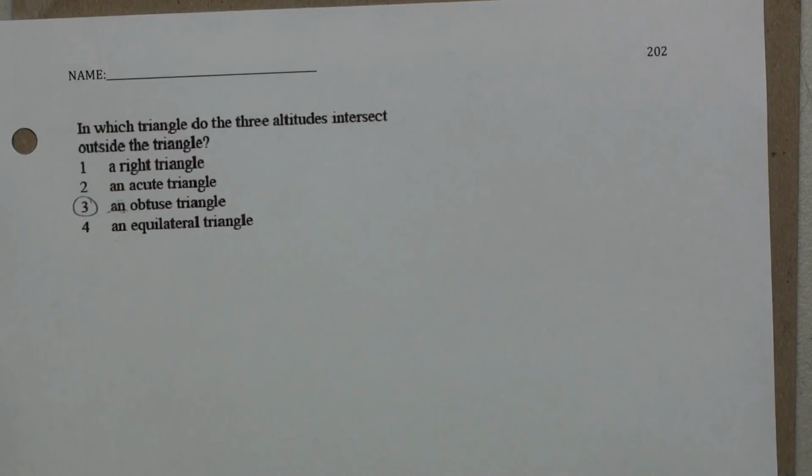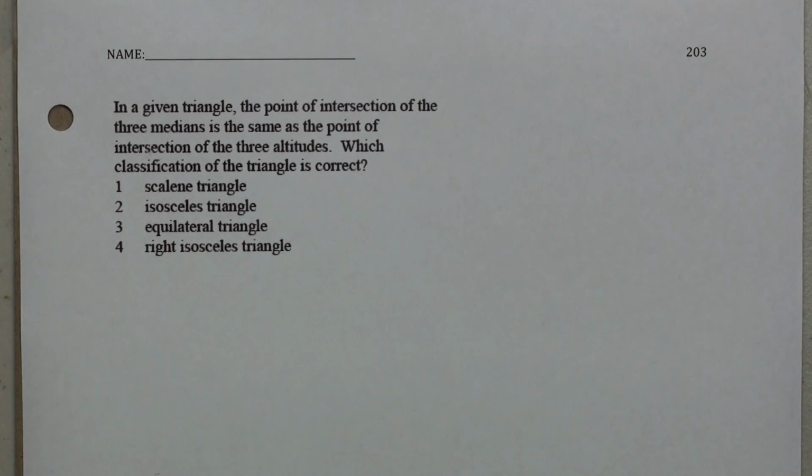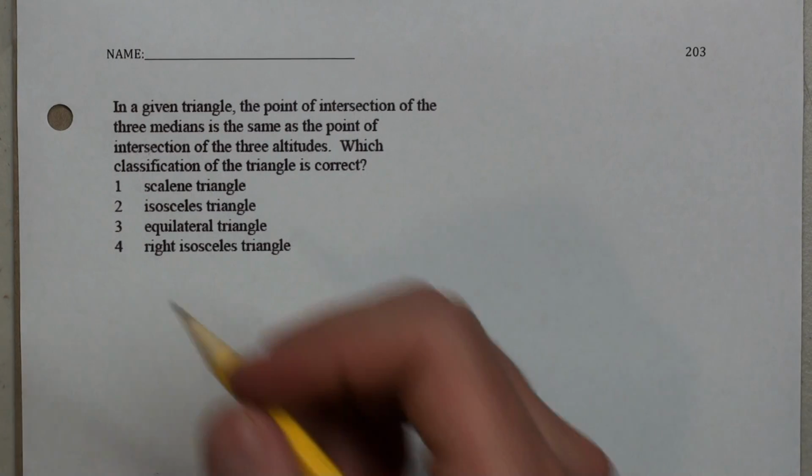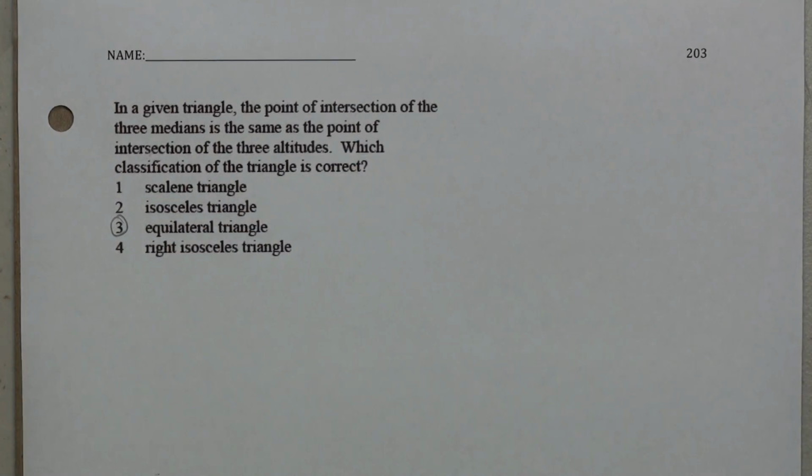Okay. 203. In a given triangle, the point of intersection of the three medians is the same as the point of intersection of the three altitudes. Which classification of the triangle is correct? Well, that's only going to happen with an equilateral triangle. Okay?